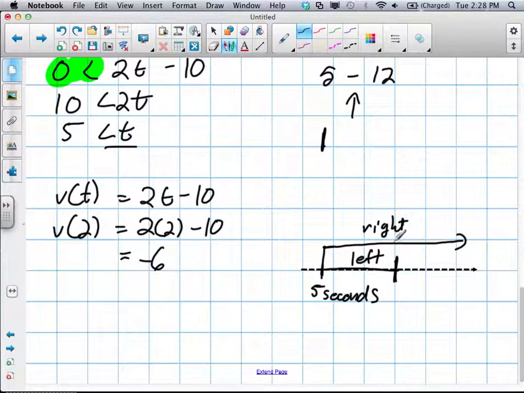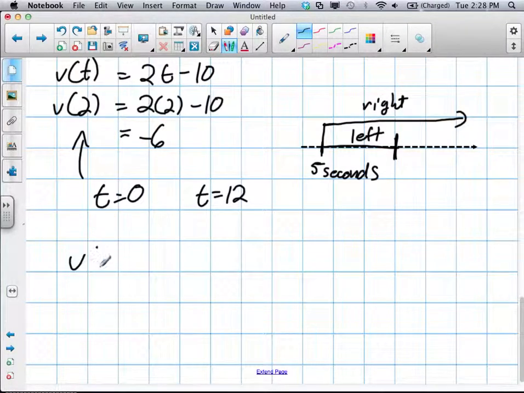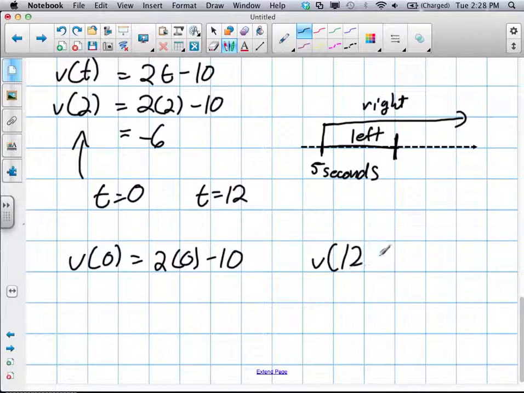Okay? They also asked us to find initial velocity and final velocity. Well, initial velocity will be when t is 0. And final velocity will be when t is 12. So we take our velocity equation. v at 0 gives us 2 times 0 minus 10. And v at 12 gives us 2 times 12 minus 10.